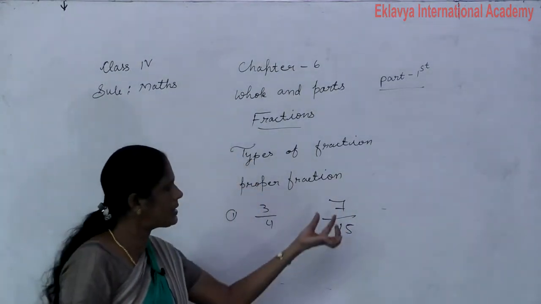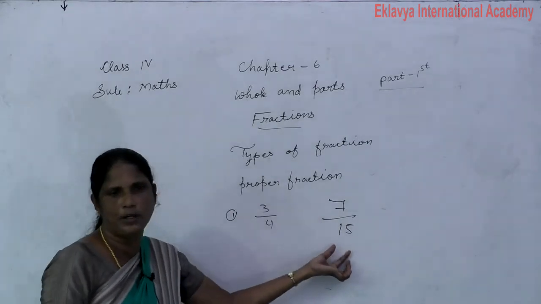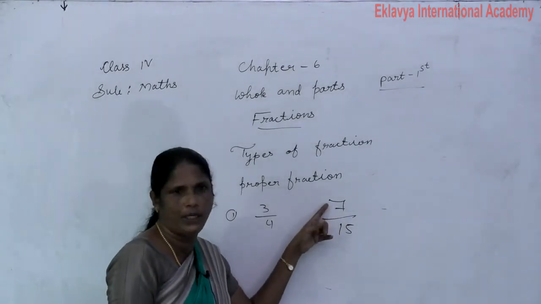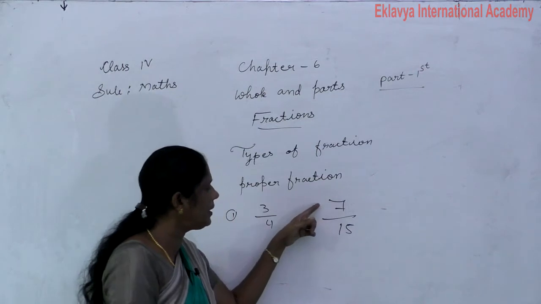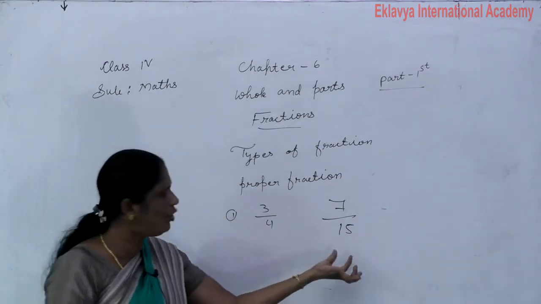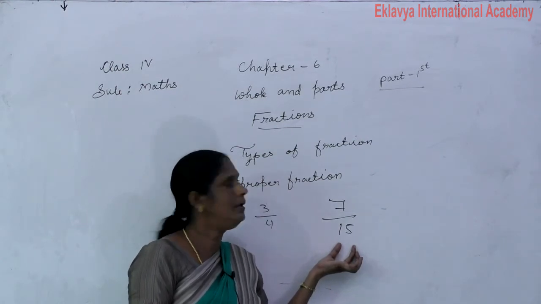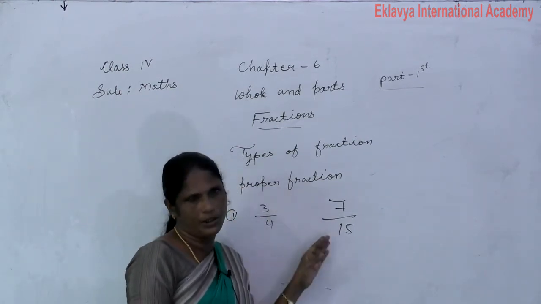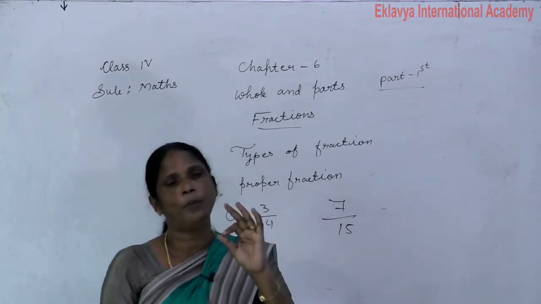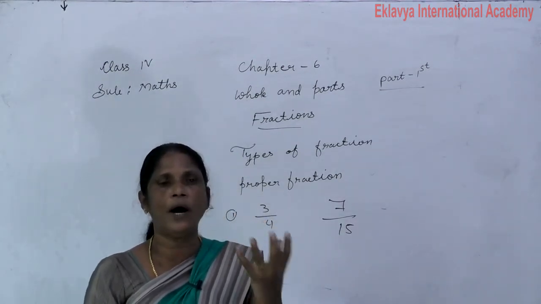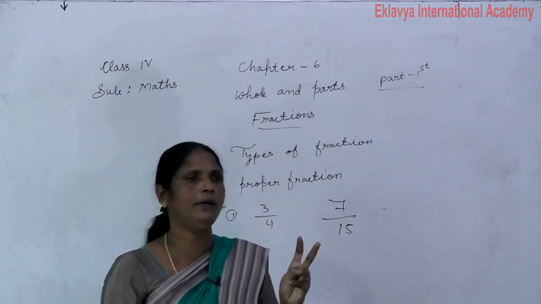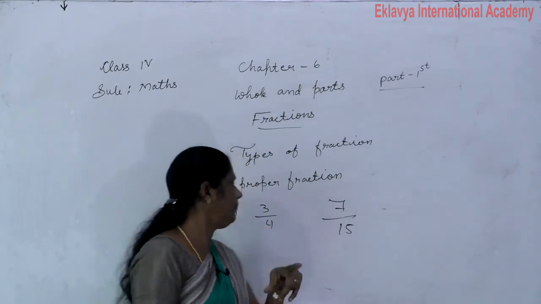Which is smaller? 7 is smaller, that is the numerator. When the numerator is smaller than the denominator, that fraction is called proper fraction. A proper fraction is always smaller than 1.